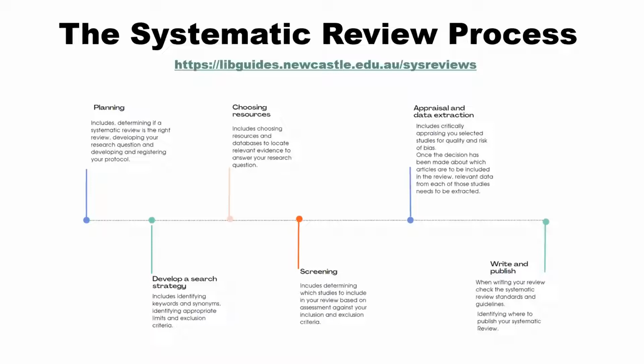Now, this diagram, I hope the text is large enough for you to read, shows you the process that takes a team of researchers months to work through, from the beginning where they're planning, then developing a search strategy, choosing resources and doing their search, screening through all their search results, appraising the studies that they've decided to select, extracting the data, and then synthesizing it all to write and then publish.